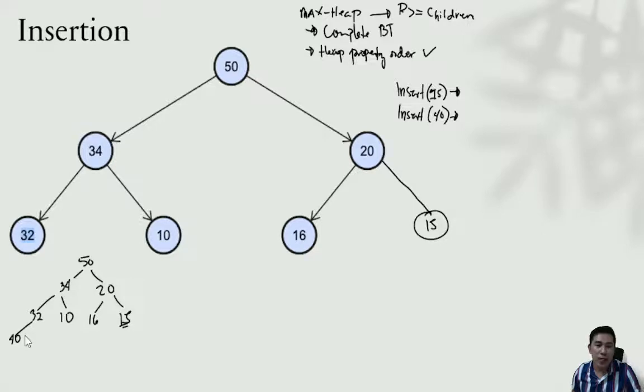You percolate the 40, that is, compare 40 as a child to its parent.